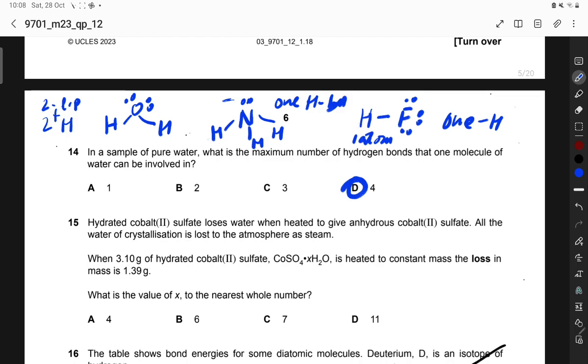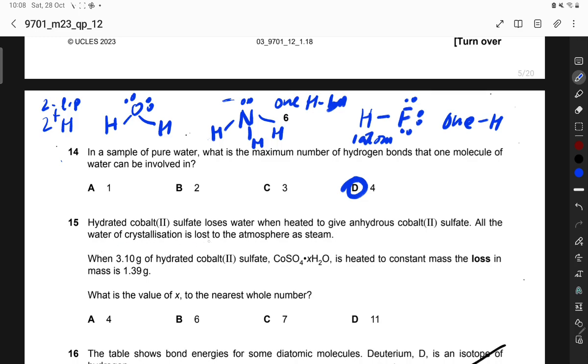And if both are equal, lone pair and hydrogen atoms are equal, the total lone pair and hydrogen atom determine the hydrogen bond. So we have 2 lone pair, 2 hydrogen. The total number of hydrogen bonds are 4. So that's why D option is correct.